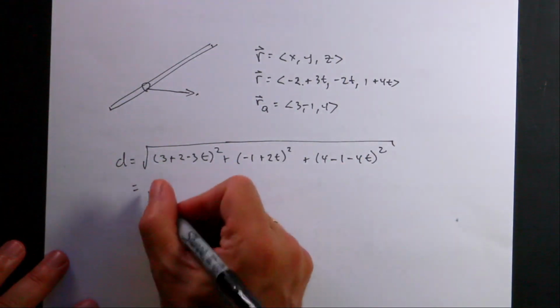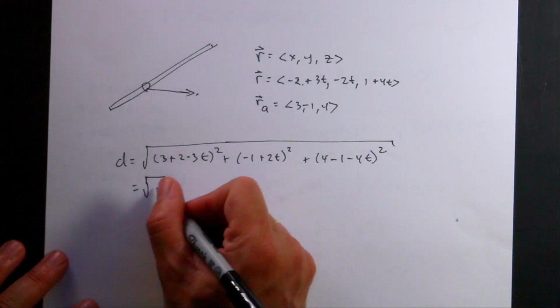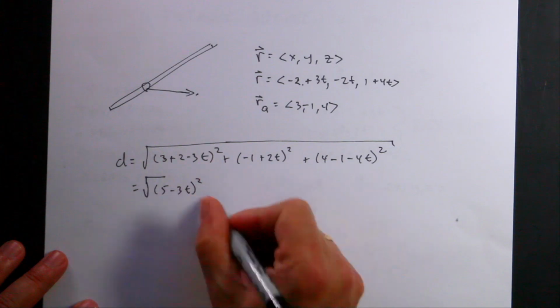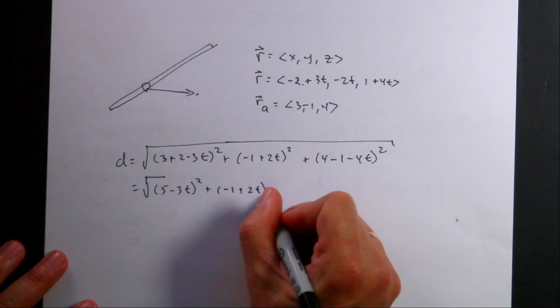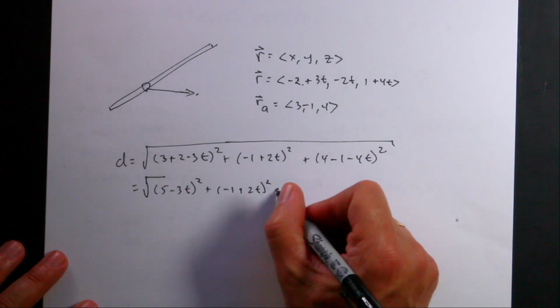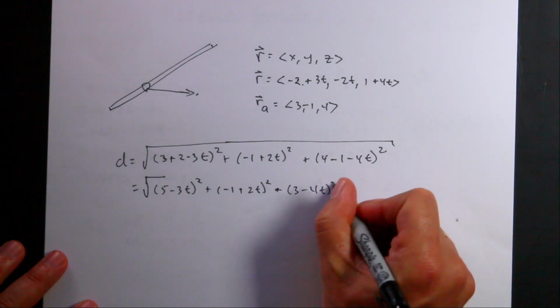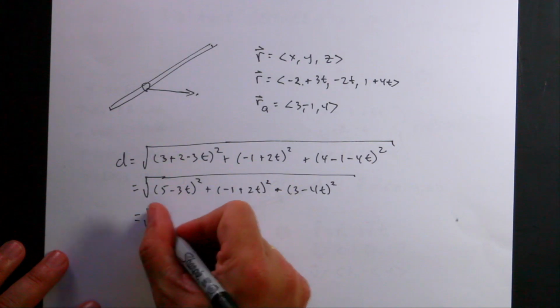Okay, so let's just make this a little bit simpler. So I have 3 plus 2 is 5 minus 3t squared plus negative 1 plus 2t squared plus, this is going to be 4 minus 1 is 3. 3 minus 4t squared. Now let's square all these things.